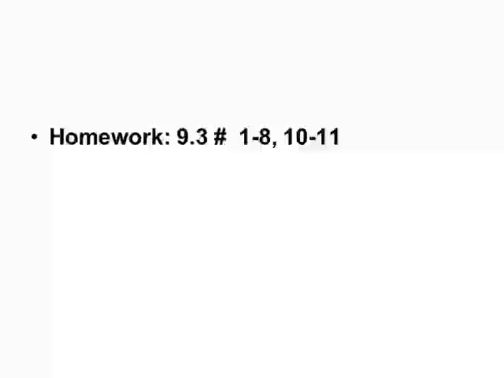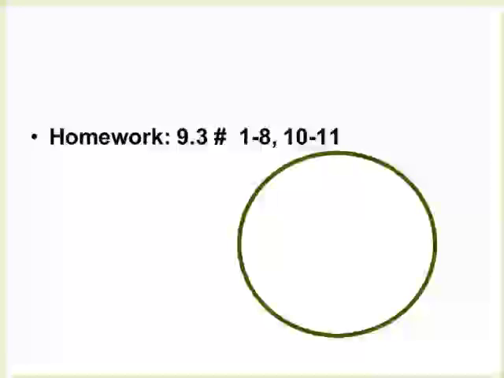Your homework is from section 9.3, and I need to give you a heads up on one of the questions. On question number 10, you will be given a circle with a diameter and an angle drawn in. An extra line connecting.